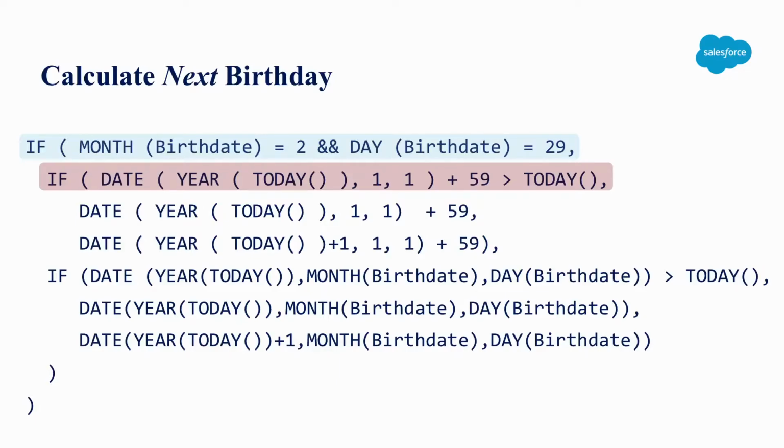So we're basically checking if we've already passed what would be their birthday, which is like February 29 or March 1st. So in this way, by using just the 60th day of the year, so January 1st plus 59, we don't have to know if this is a leap year, right? We're just saying the 60th day of the year. It's this magical day.